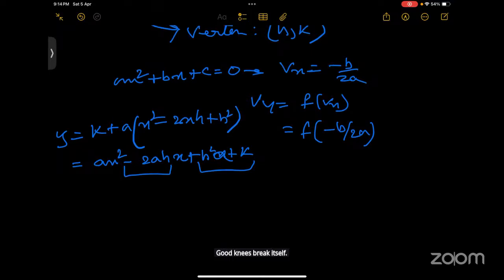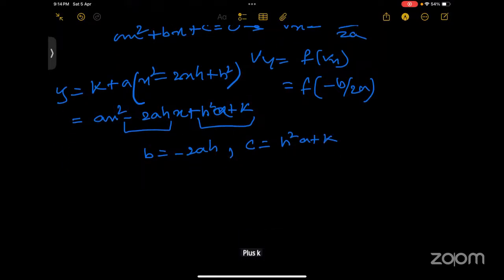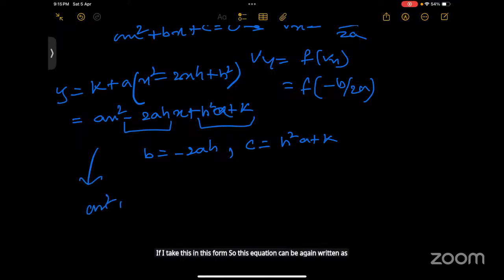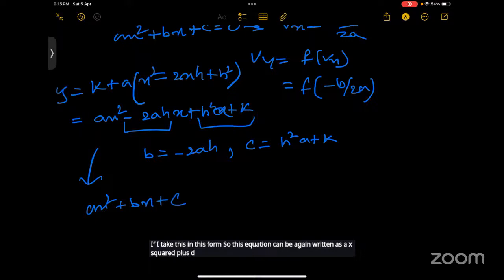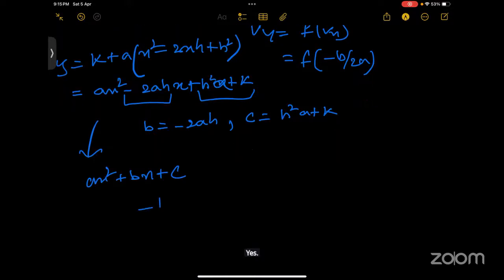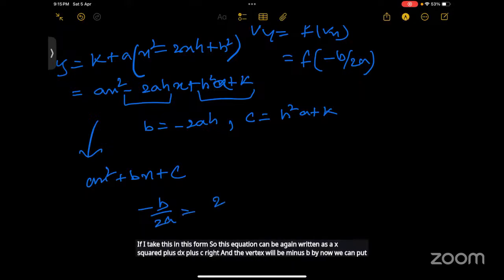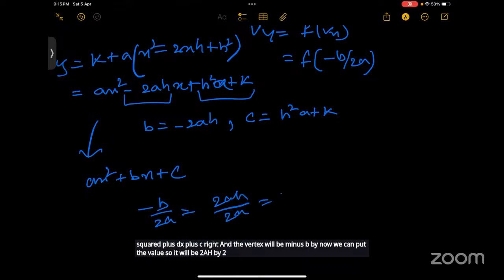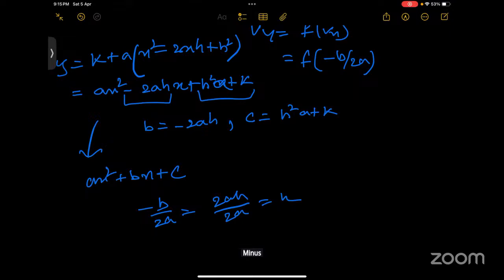So b is minus 2ah and c is a h square plus k. If I take this in this form, this equation can again be written as a x square plus bx plus c, right? And the vertex will be minus b by 2a. So now we can put the value: it will be 2ah by 2a, that means h. The minus goes away, right? So that means we can come from this form to that form.